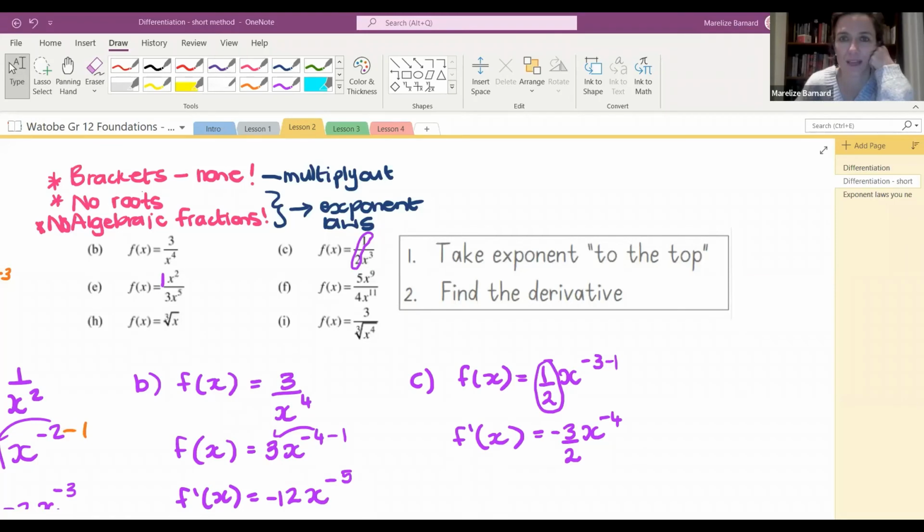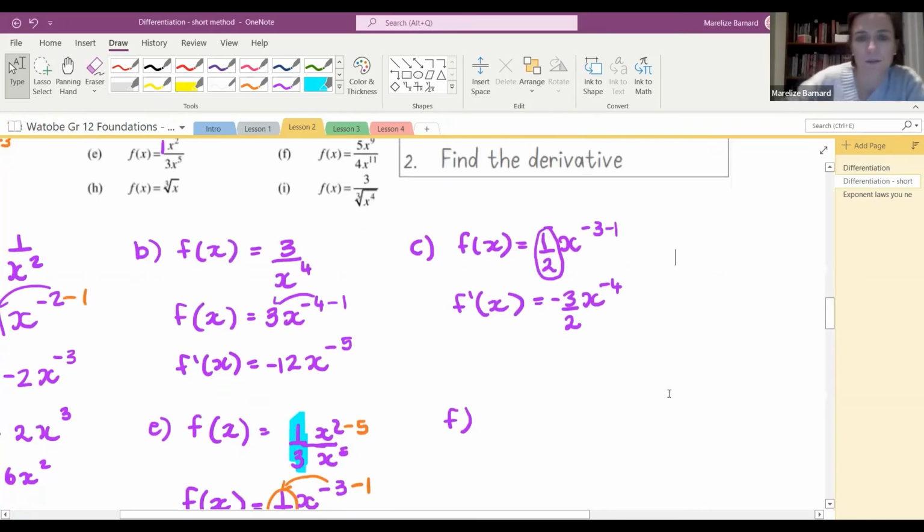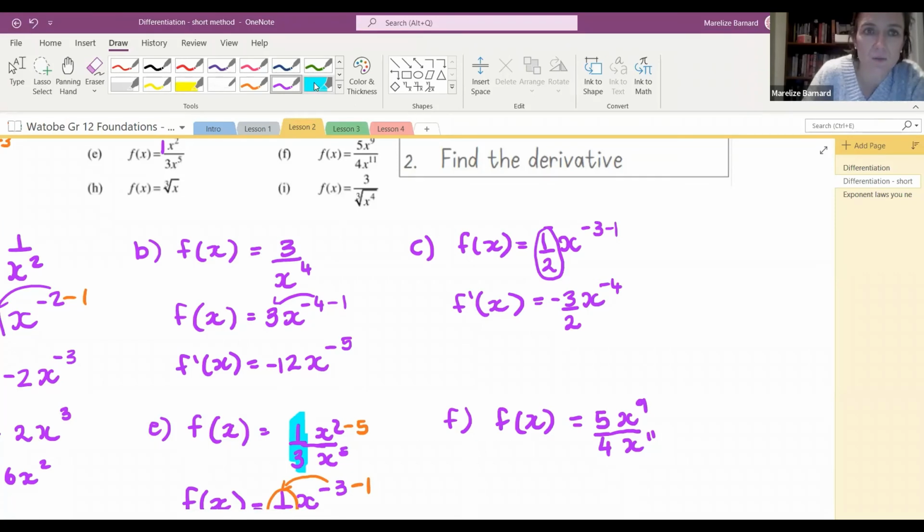Okay, let's see, are we catching on? Looks like we are. Good stuff. Okay, so let's get that 5 over 4 a little bit to the side so that we know that is our coefficient. That is what we are going to multiply by.